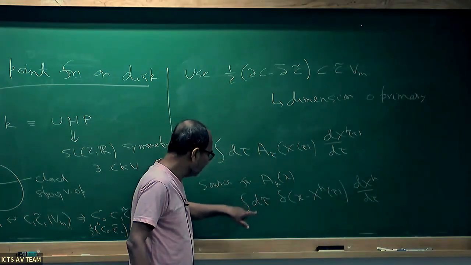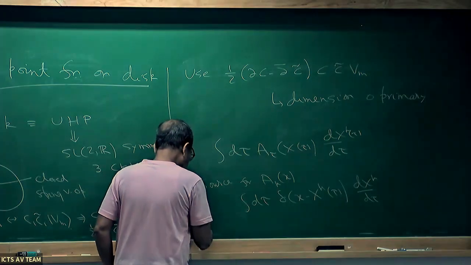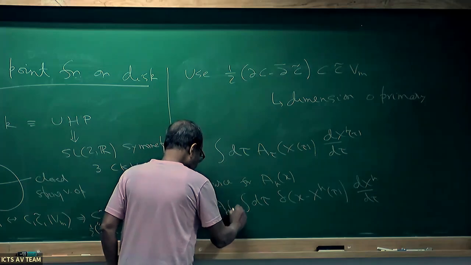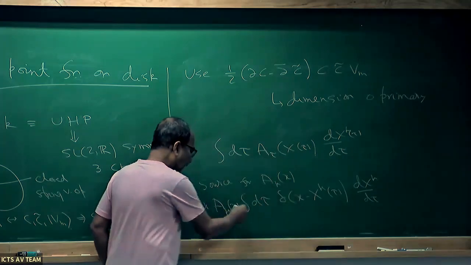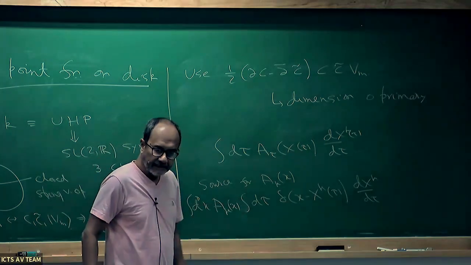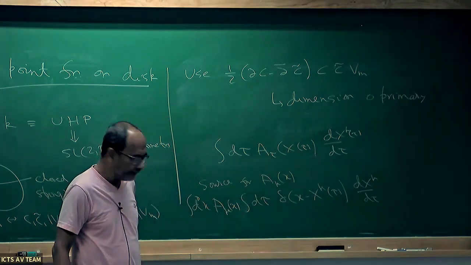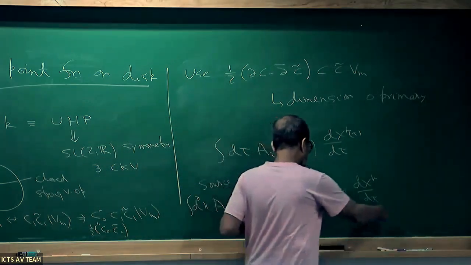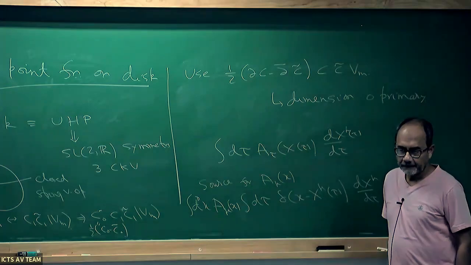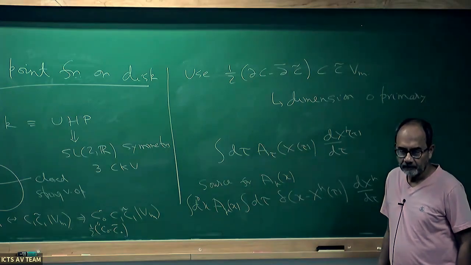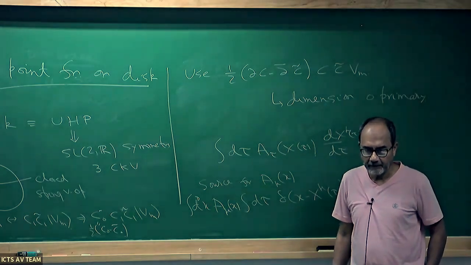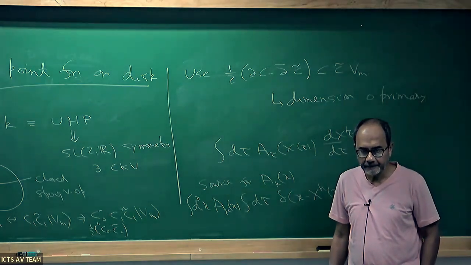So you can write it as the integral dx A_mu of x times this, the same coupling. Using the delta function, the x integral gives the source. So this is a one-point function of A_mu. This is exactly similar: there's a one-point function of A_mu that you are calculating.